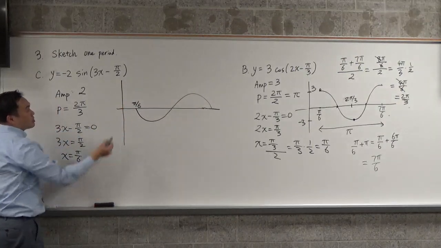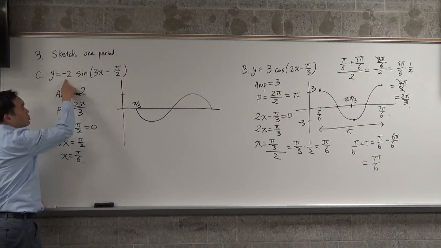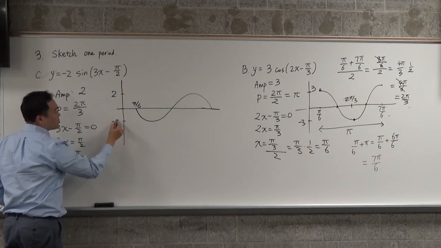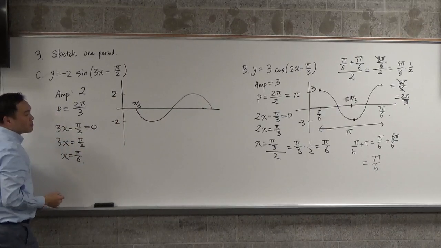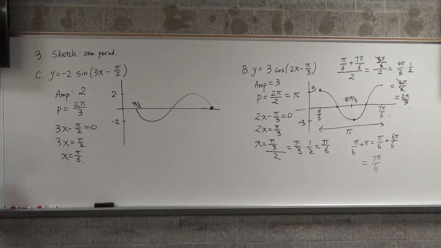Now, how high does it go? 2. Amplitude is 2. How low does it go? Negative 2. All right, what is this coordinate? How would you find that coordinate? At 2 pi over 3. That's the period.